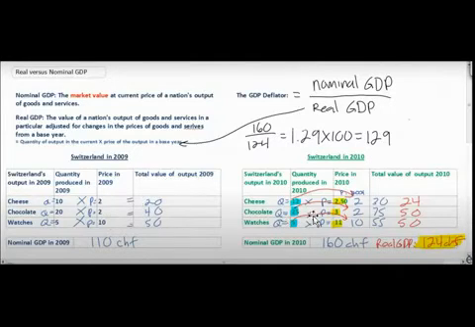From 2 pesos, naging 3 pesos or $3. 25 multiplied by 3, it will give you 75. And 5 multiplied by 11, it will give you 55. So, add these 3. Add natin to. And it will give you the nominal GDP, which is $160. Yan yung nominal GDP for these three products during 2010.